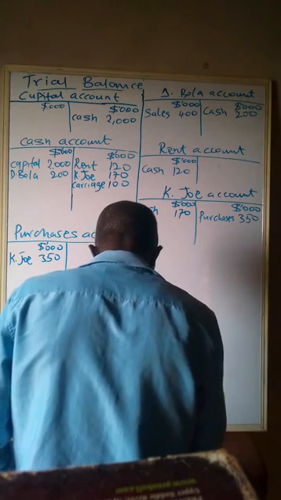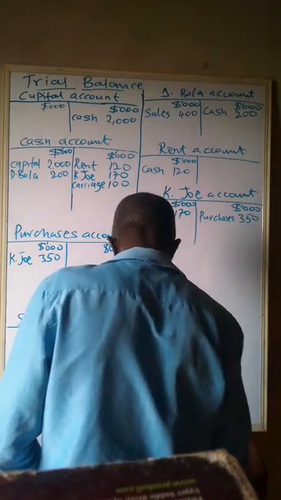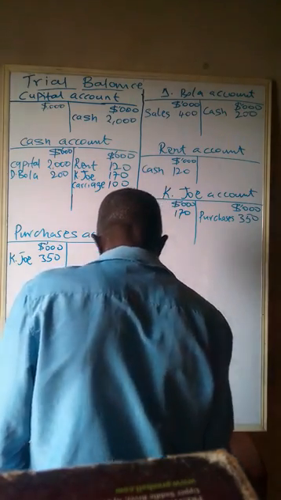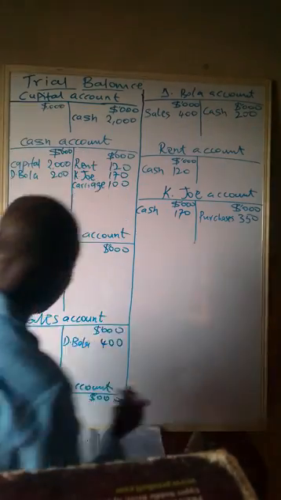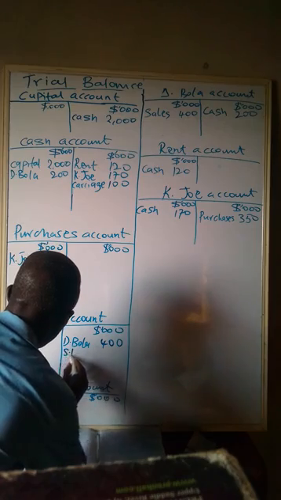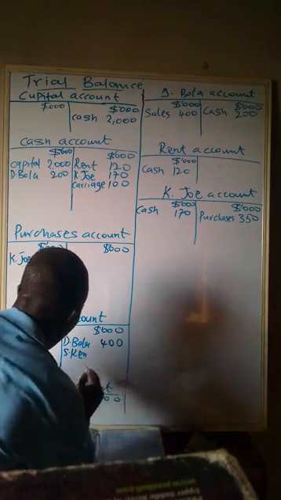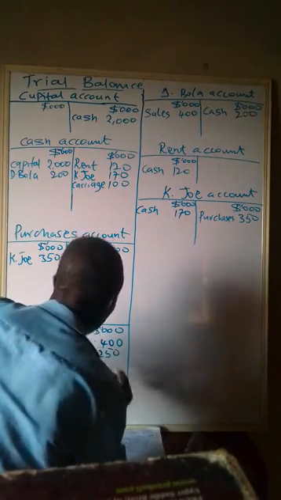Next, May 23rd, goods sold on credit to S-Ken, $250. That is sales, another sale to S-Ken. How much is that? $250,000.